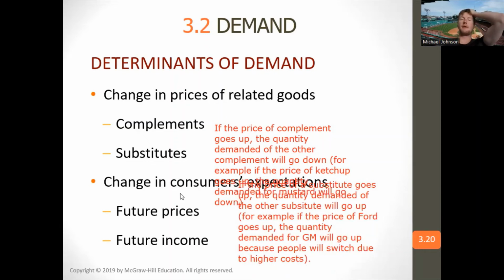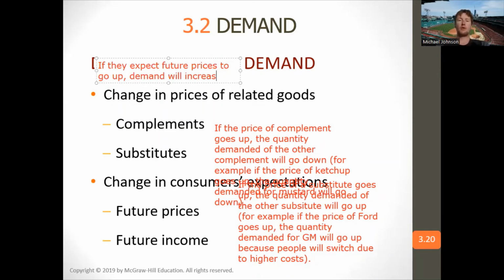And then if they expect future prices to go up, demand will increase right now because the price is still cheap. So they buy a lot more now because the price is still cheap.